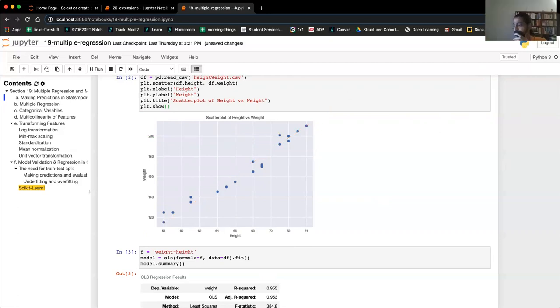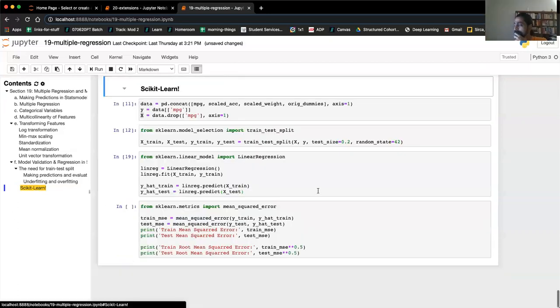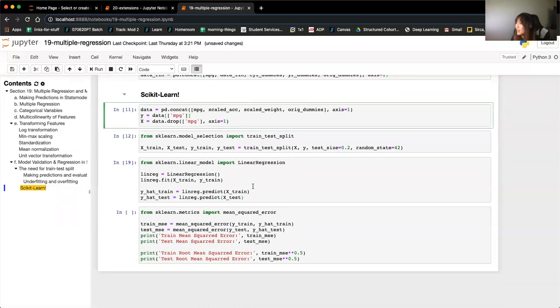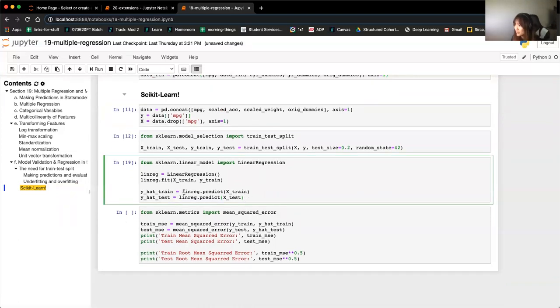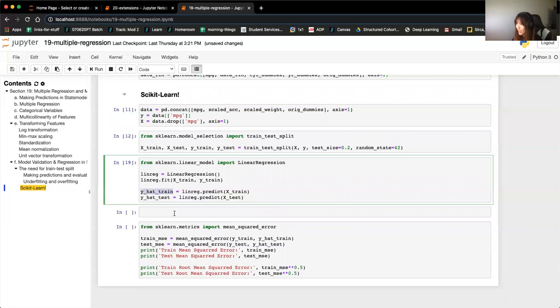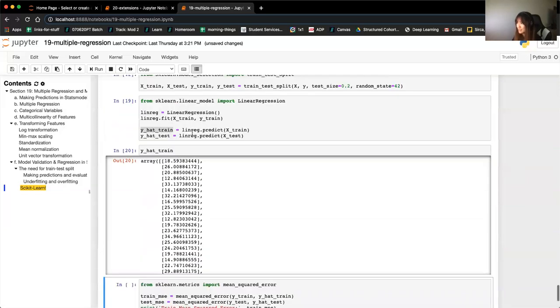All right, so back down here. Here what we did is find the predictions for all of the x's. So for all the x trains, there's an associated Y hat, and for all the x tests, there's an associated Y hat. Let's take a look at what these look like. Y hat train is just an array of values, and Y hat test is an array of values as well.